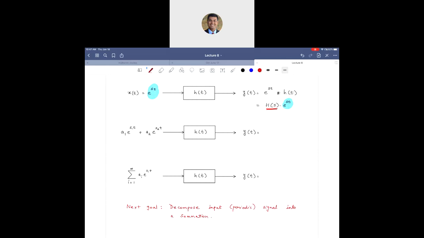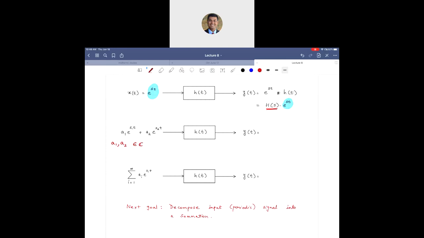The first one: assume that A1 and A2 are some scalar values, and actually they could be complex as well, so you can assume that they belong to the set of complex numbers.